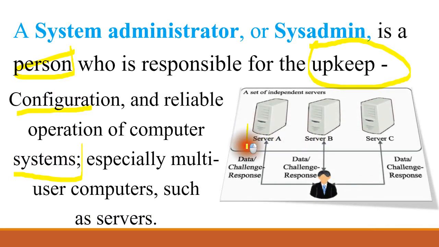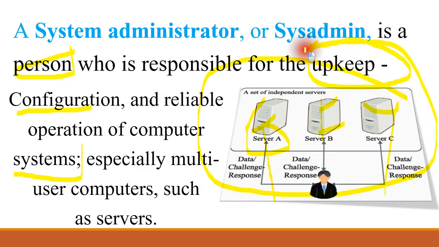For example, this is your Google server, this is your Facebook server, this is your YouTube server. All servers should be up, should function properly, should not get any interruption. If I'm accessing Google, it should come properly. If I'm accessing Facebook, YouTube, that is the main work of a system administrator, to keep it up.